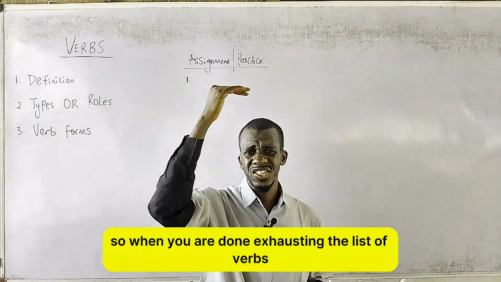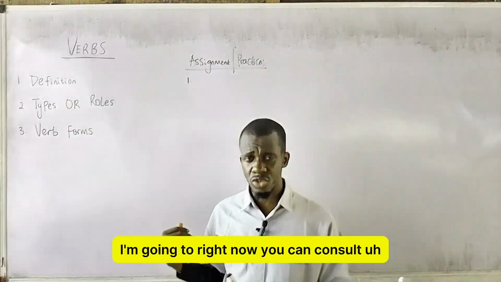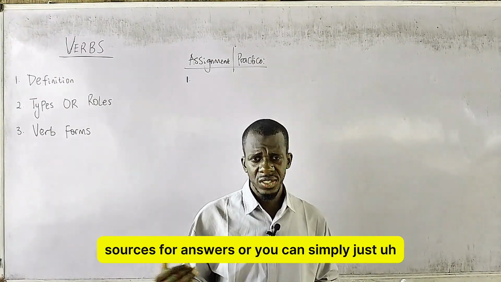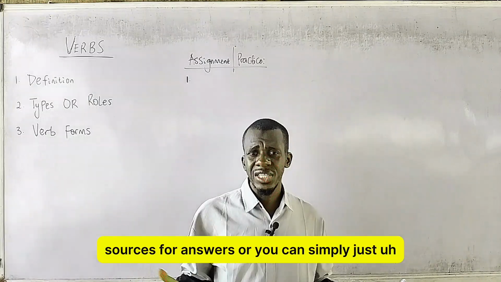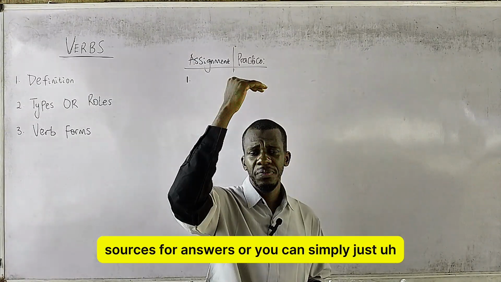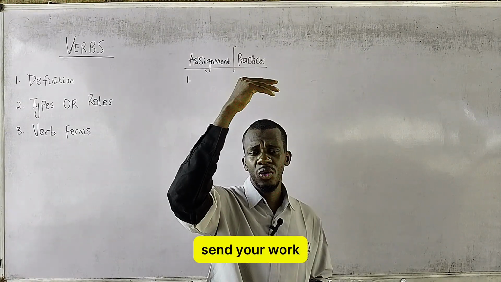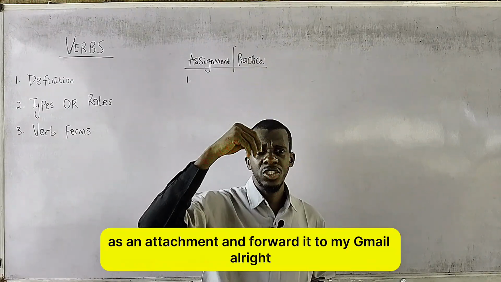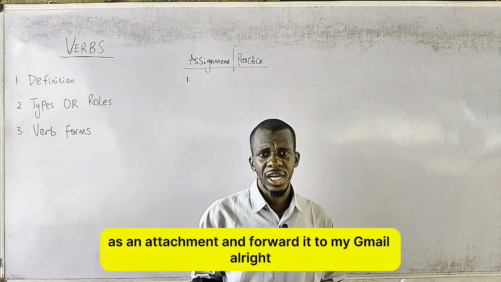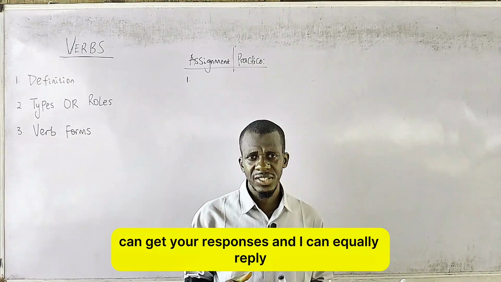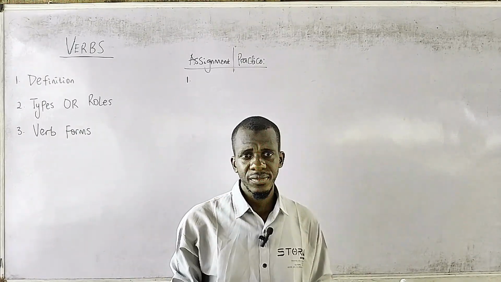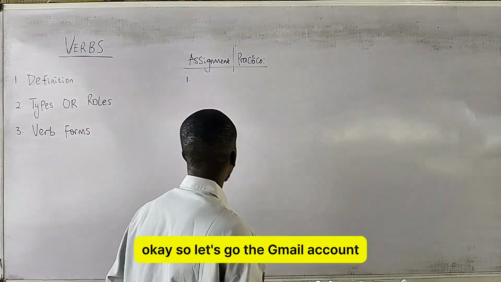So when you are done exhausting the list of verbs I'm going to write now, you can consult sources for answers, or you can simply send your work as an attachment and forward it to my Gmail, so that I can get your responses and I can equally reply. So let's go.